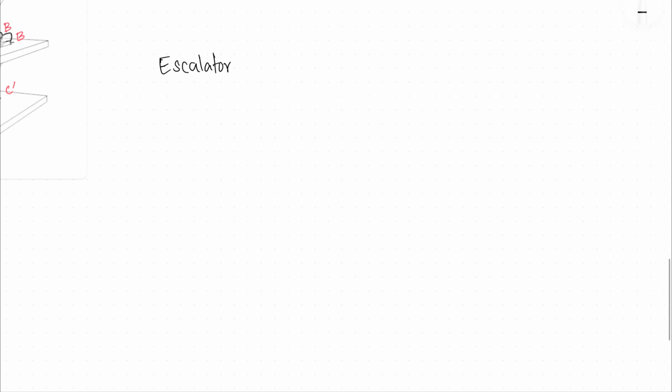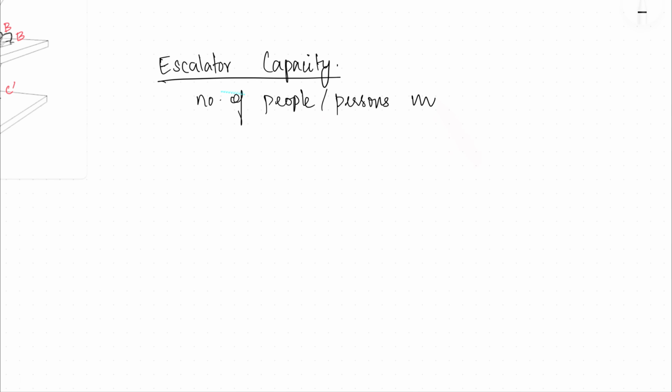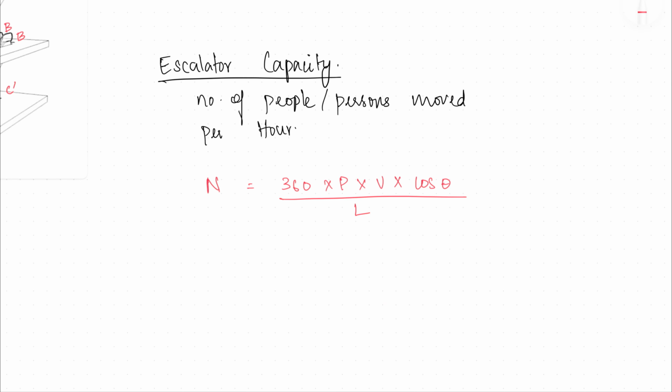Now let's move on to the formula part. To find your escalator capacity, which is basically the number of people or persons moved per hour, your N is equal to 360 into P into V into cos theta by L, where N is your escalator capacity, which is nothing but the number of persons moved per hour.